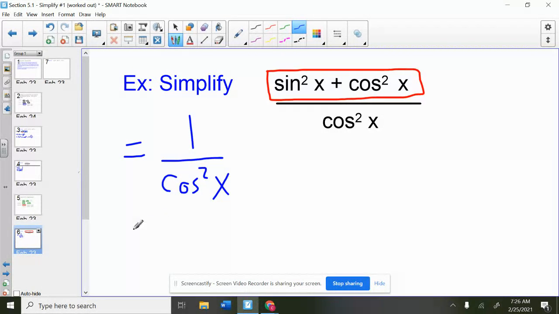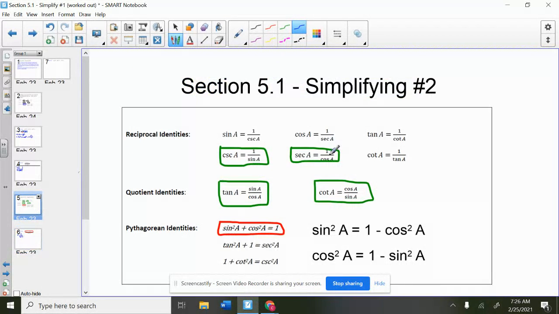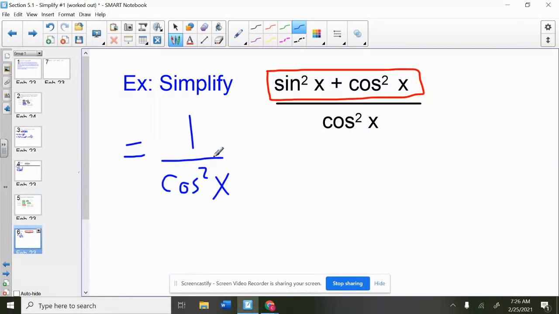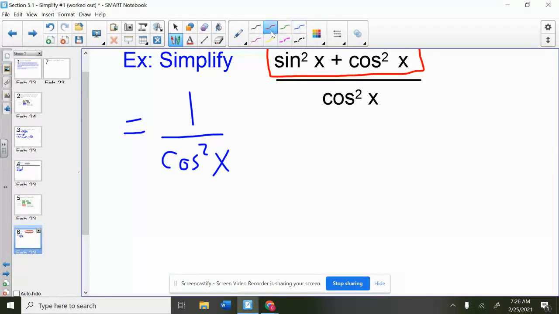We've seen this before, 1 over cosine. So we know right here, 1 over cosine is really secant. There are a couple ways you could write it, but we know that 1 over cosine equals secant. What happens if I square both sides?